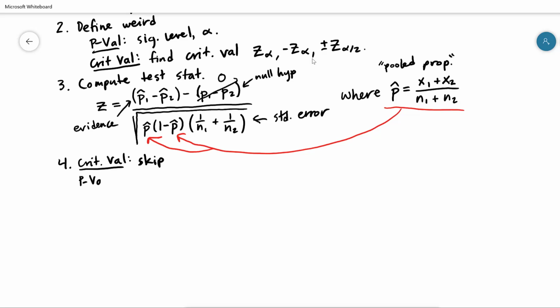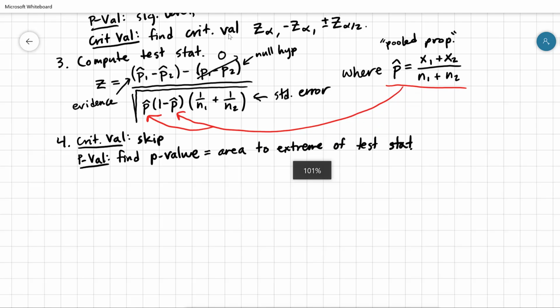And if we're doing the p-value method, this is where we actually find the p-value, which is the area to the extreme of the test statistic. And we find this so that we have the two areas that we're going to compare. The p-value is an area, and we will compare it to the significance level alpha if we're doing the p-value approach. So that is the idea.